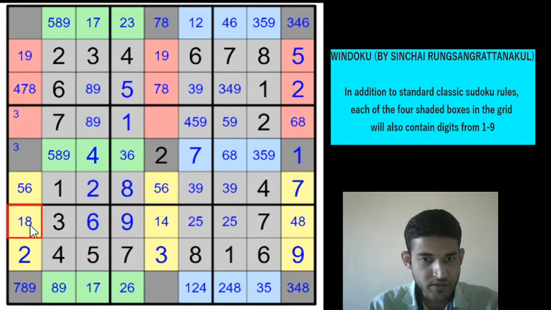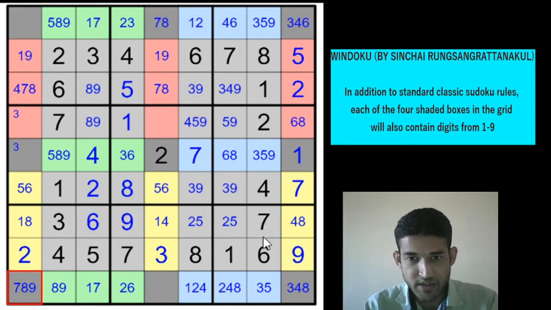One and 8 is in row 7 column 1. So these two cells will contain 7, 9, which is again not giving us any elimination. There is some narrow deduction that we are yet to see.